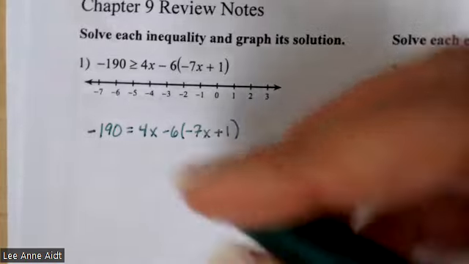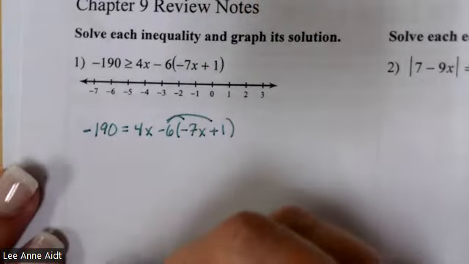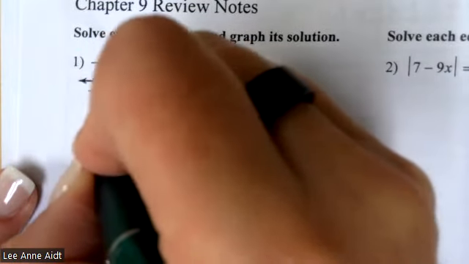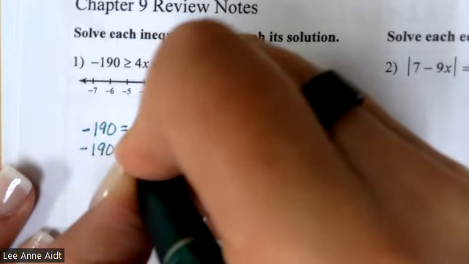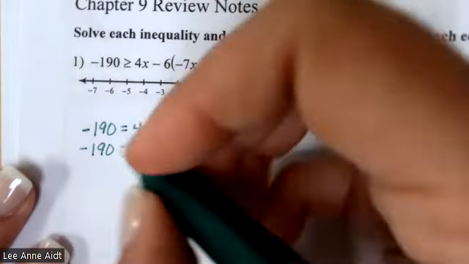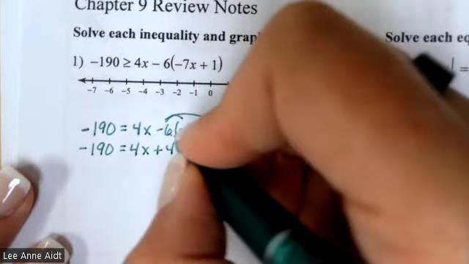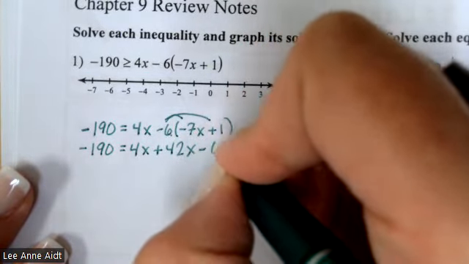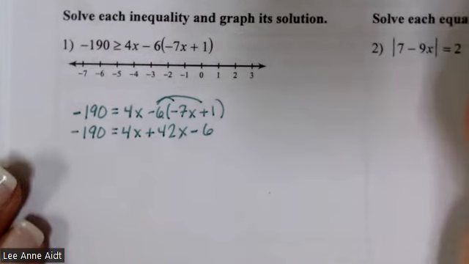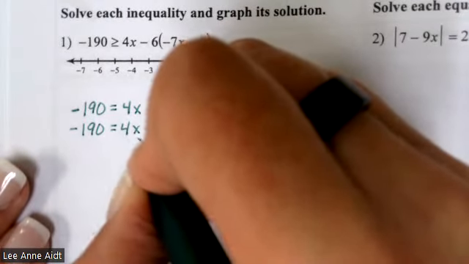Okay. So first thing we're gonna do is distribute. So negative 190 equals 4x. Negative 6 times negative 7 is positive 42x. And then negative 6 times positive 1 is minus 6. Okay, then I'm going to combine these.